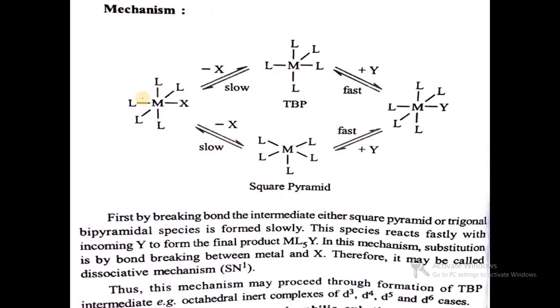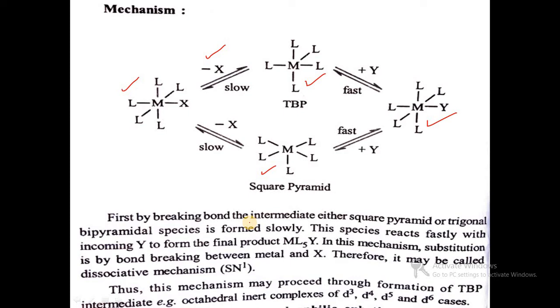Here, in the ML5X complex, a perfect octahedron, when dissociation takes place we get trigonal bipyramidal or square pyramidal geometry, and in the second step Y is introduced into the intermediate and we get the product. Bond breaking is important, so the rate depends on the first step.